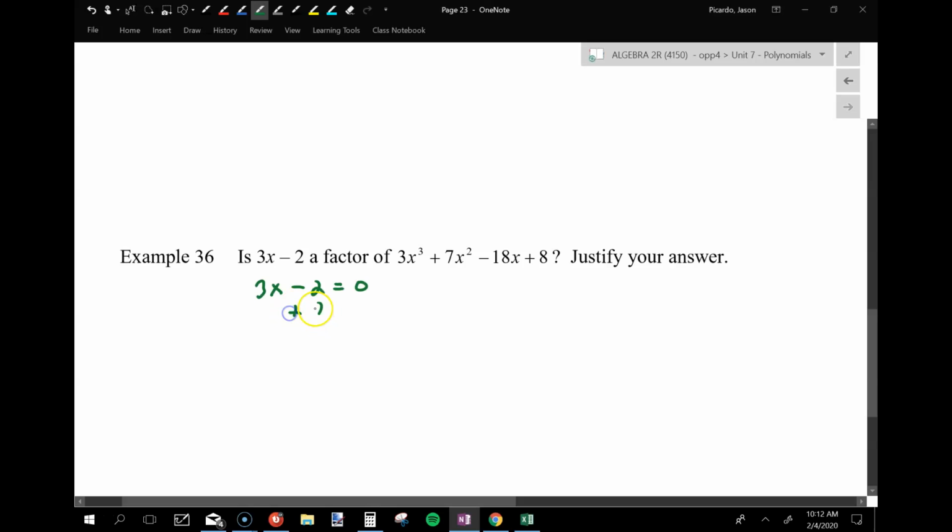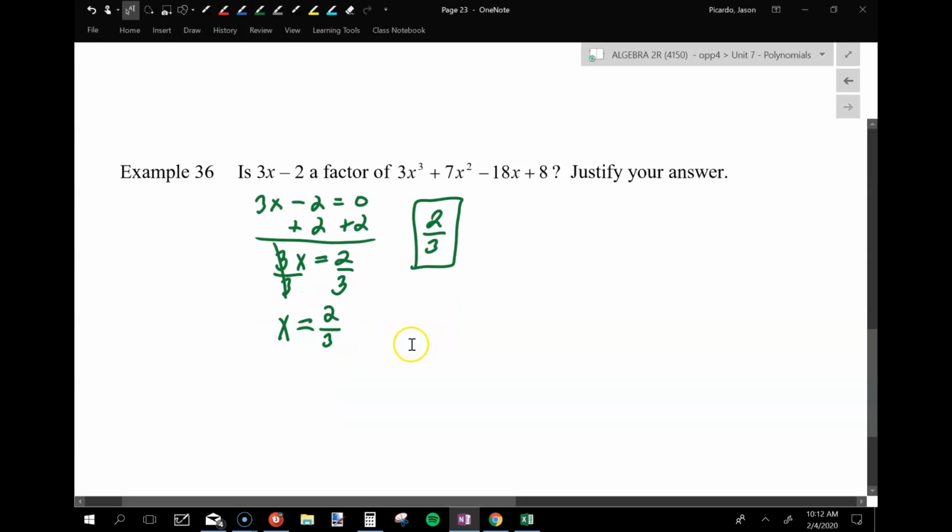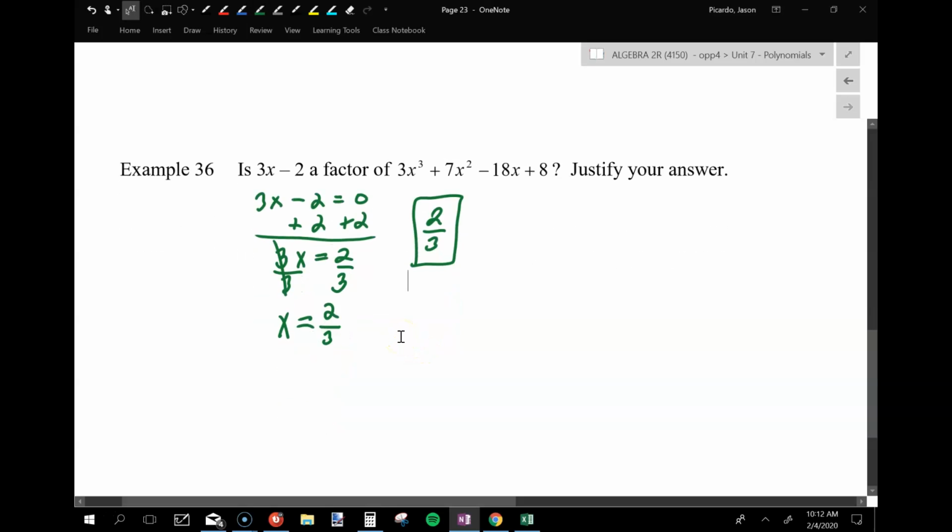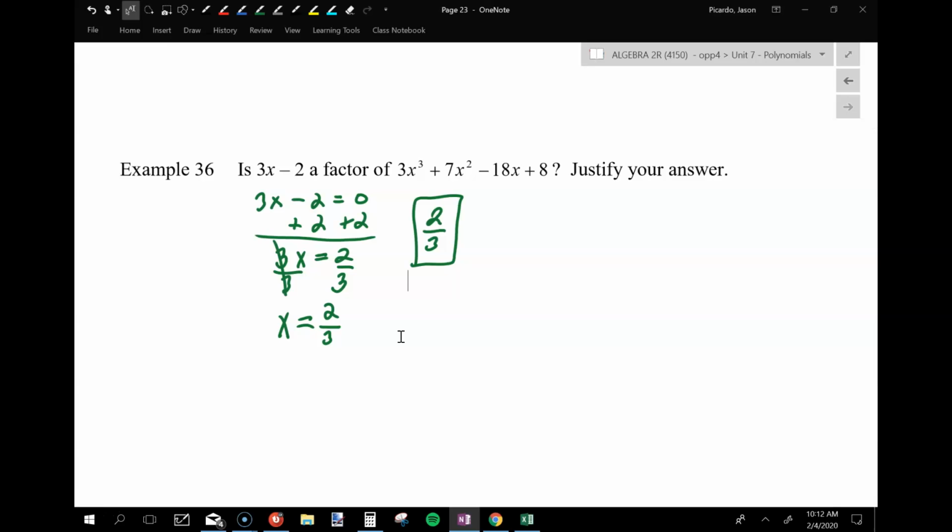So in this case, it's not just what? It's not just changing that sign. It's also dividing by 3, right? So here in the box would go the fraction 2/3. You see why I corrected you on that now? Yeah, so don't just think, change the sign. Think set equal to 0.